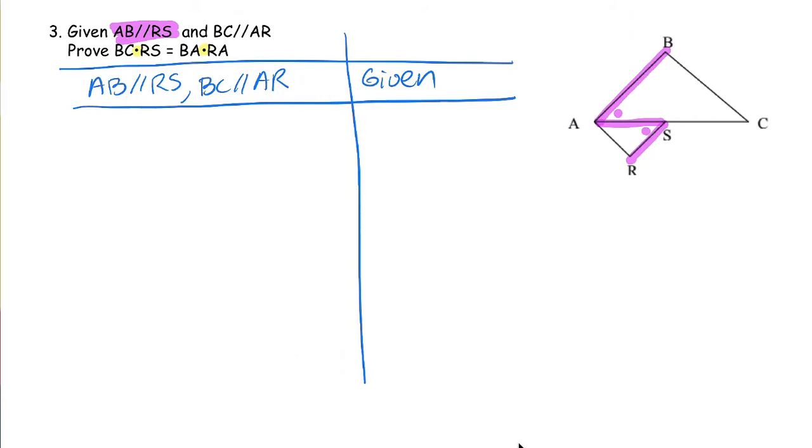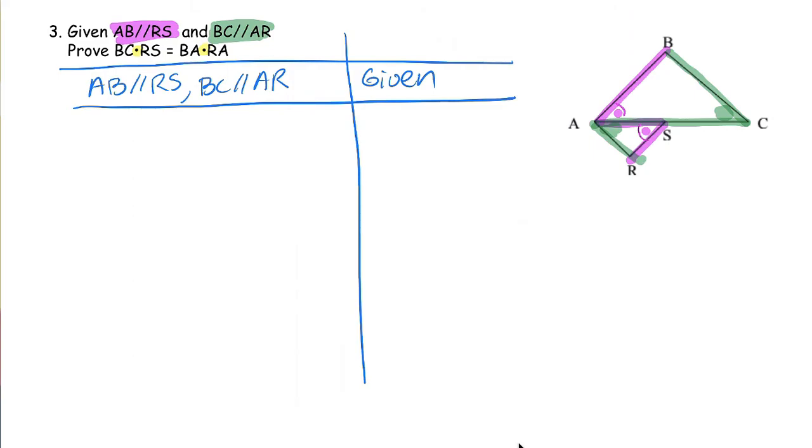So the goal of parallel lines is always to get you a pair of angles. So we're going to be able to use alternate interior angles theorem to get that angle and that angle to match. I have another pair of parallel lines, BC and AR. BC and AR, they have this transversal that connects them. And it makes a ziggy-zaggy shape as well, like a Z shape, which is alternate interior angles.